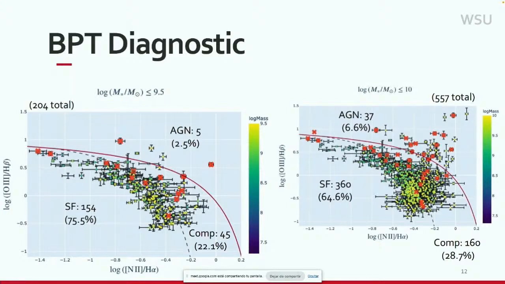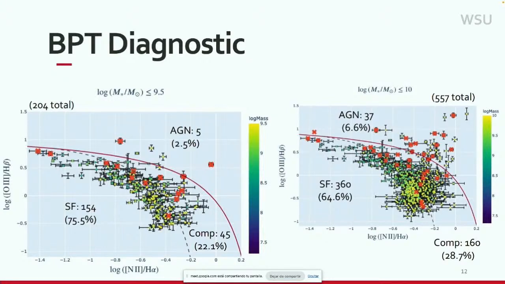On the left, only 5 AGN candidates were actually classified as AGN by this diagnostic. And on the right, only 37 out of all of our AGNs were classified this way.